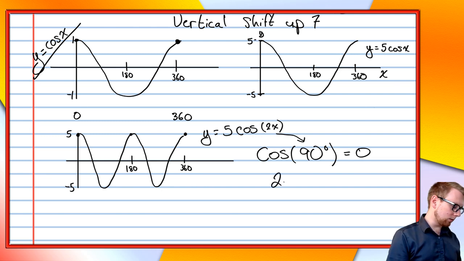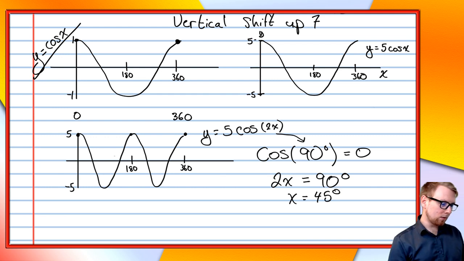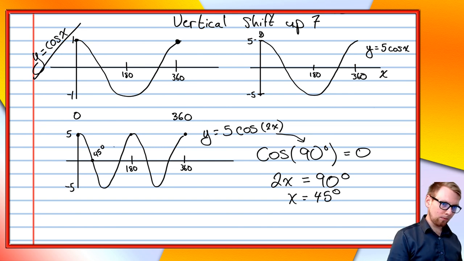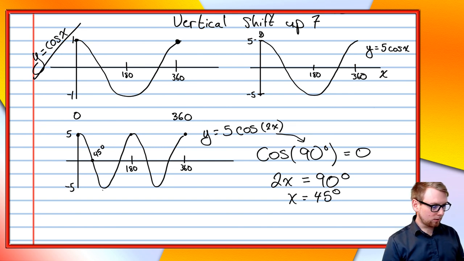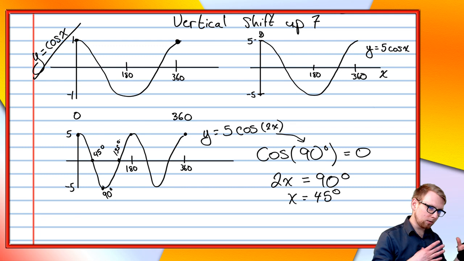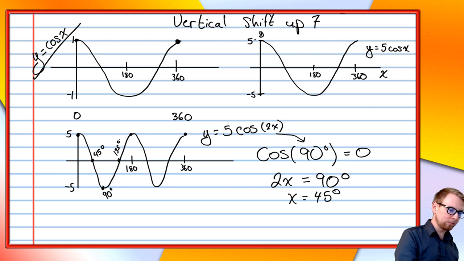That means our angle 2x is 90 degrees, and when x is 45 degrees, this is 0. So right here is 45 degrees. This here would be 90 degrees. And this would be 135. You see how that changes slightly? You can do little tests to understand and just reevaluate where a function has its value.